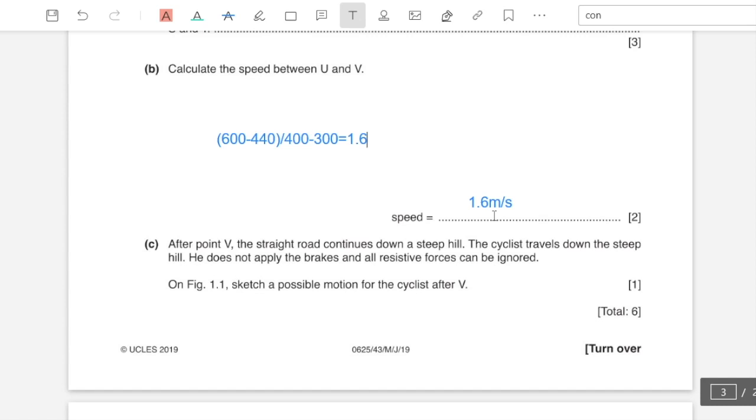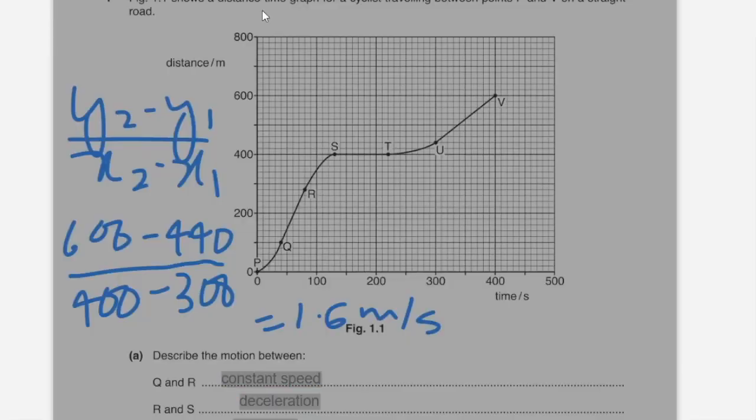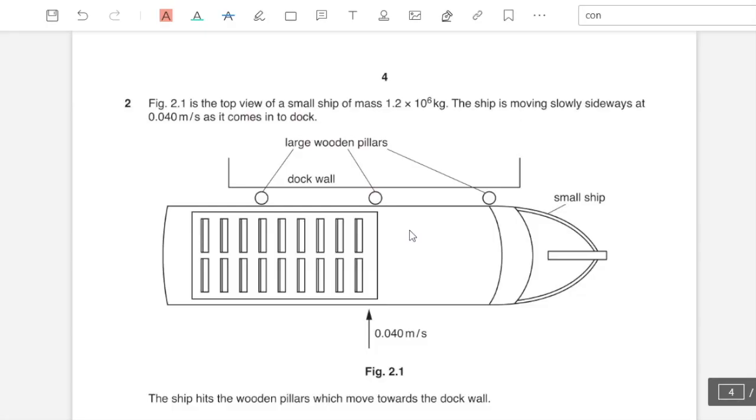But since that is the opposite of kinetic energy, his kinetic energy is going to be increasing and so does his acceleration. So I'm going to be drawing a graph which represents increasing acceleration, and that is going to be a curve upwards like so.